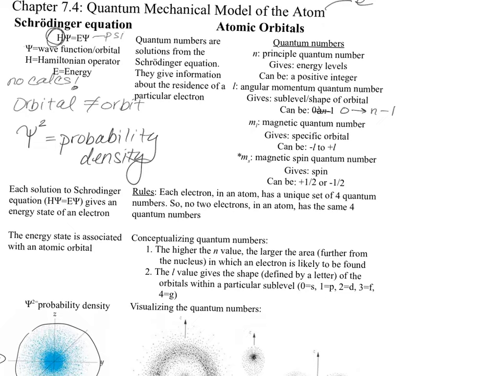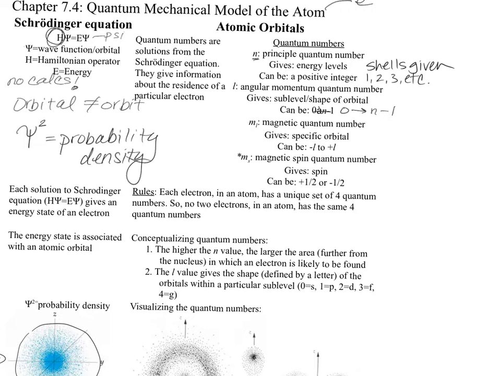It is a positive integer. The higher the number, the higher the energy, and the farther away from the nucleus. It gives what are called shells or energy levels. So if I say that n equals 1, I am talking about the first shell around the nucleus.